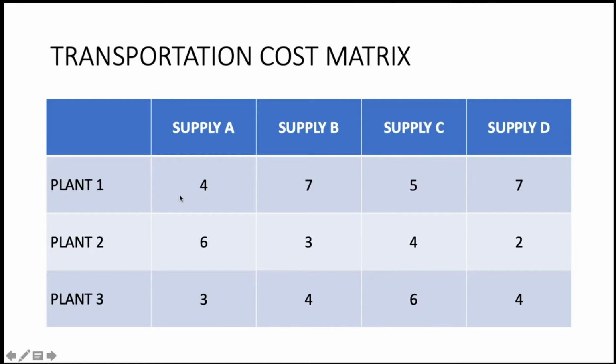So how much does it cost to transport 1 unit from supply center 1 to plant 1? Cost is 4 per unit, whatever that unit is. Then the cost of transporting 1 unit from supply center B to plant 1 is 7.